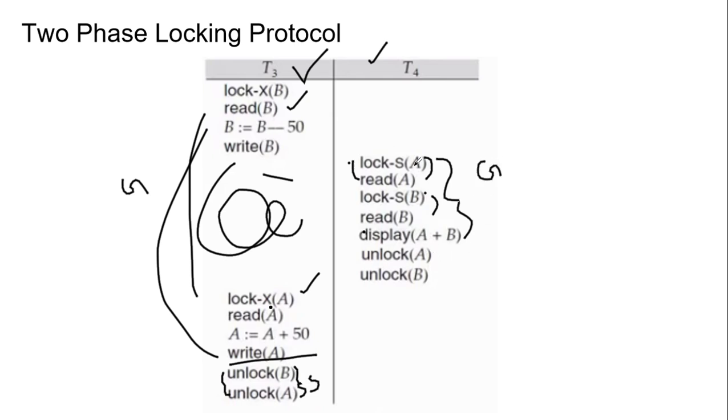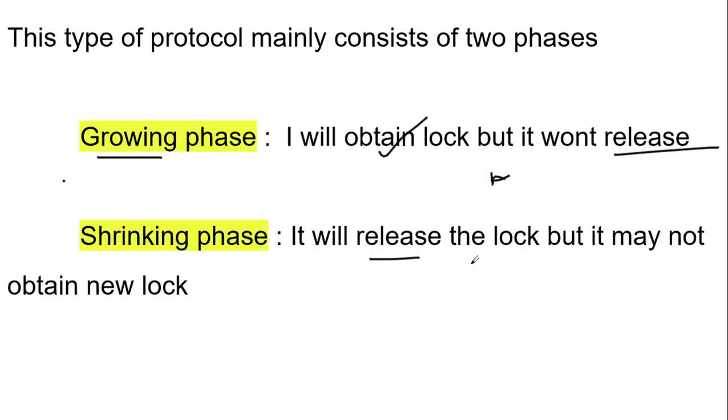Then after all the operations, only the unlock operations are performed on A and B, which makes the shrinking phase. So before you study the two-phase locking protocol, you need to know the growing phase and shrinking phase. The growing phase means attaining locks but not releasing them. The shrinking phase means releasing the previous locks but not obtaining any new locks.